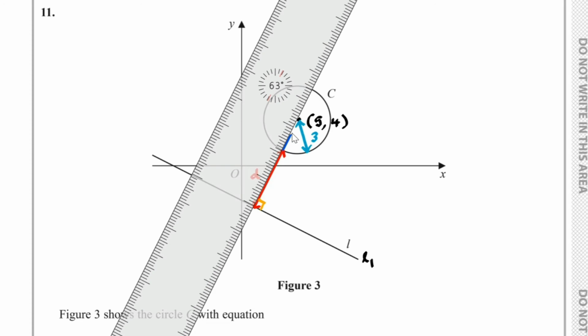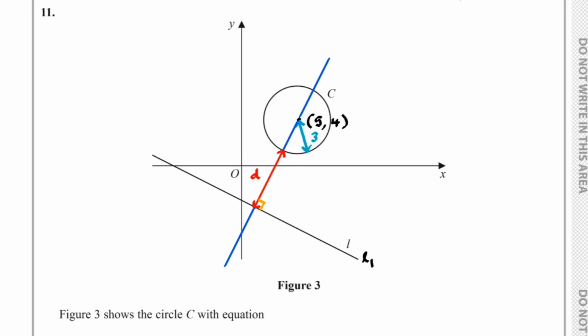What we can do is find out the equation of this line L2, say, and find out where this coordinate is, and from that we can somehow find out the distance from here to the center, and then subtracting 3 will give us the shortest distance, D. So we need to find out the equation of L2.